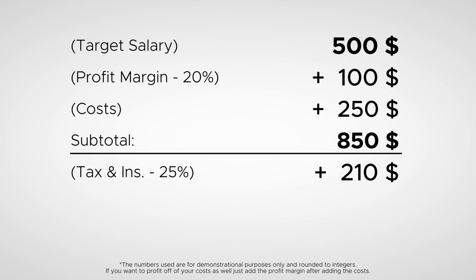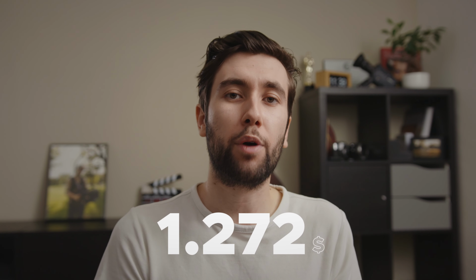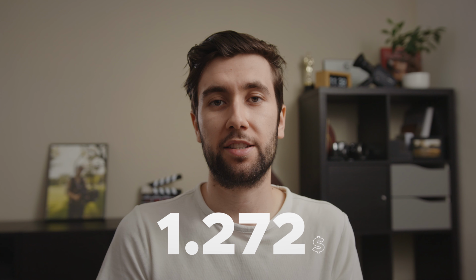Last but not least, we also have to account for value-added tax. This is money that goes directly to the government, and in the case of Austria, is set at a rate of 20%. So this will bring our day rate from $1,060 to roughly $1,272. So you see, in order for us to keep $500 net at the end of the day, we would have to charge our client a total amount of $1,272 per day for this specific example.